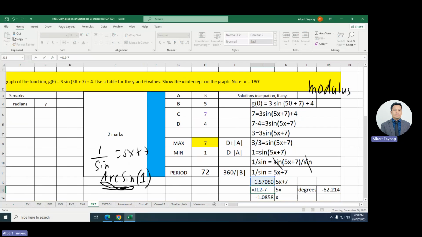Because we are transferring +7 to the other side. Okay. We are done.